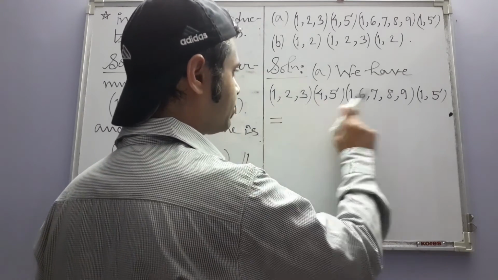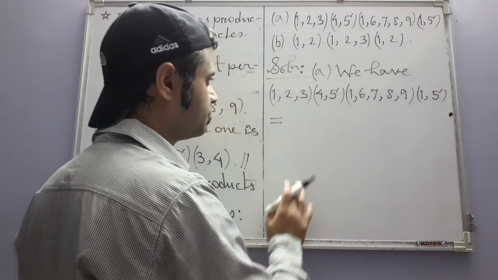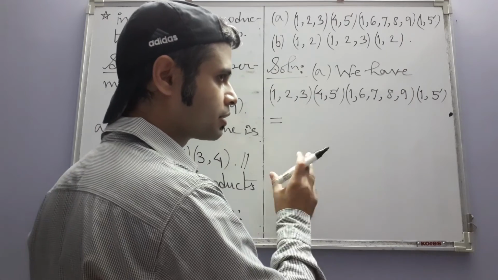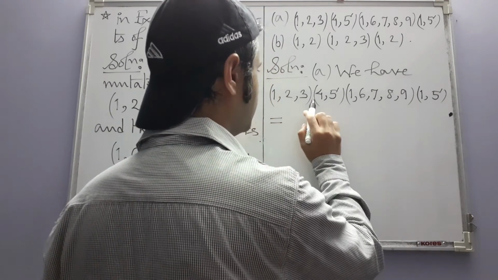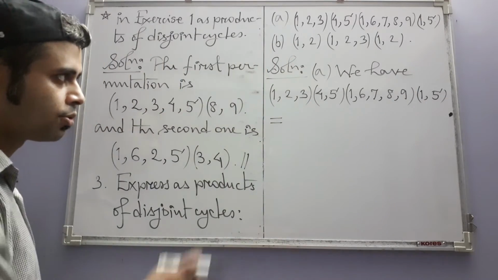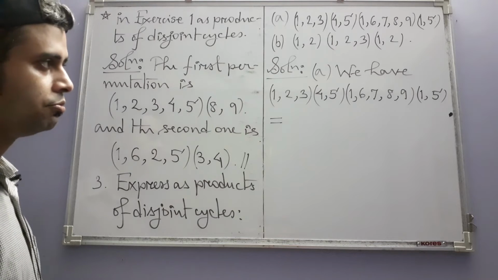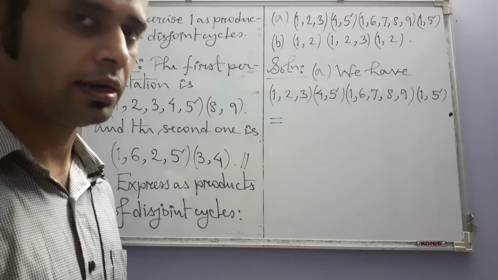Because these are after all functions, each one cycle itself is a permutation, or corresponds to a permutation, in a specific way. So that means these are compositions of functions. 4 functions are involved here, which you are now going to apply on these symbols and see what happens.